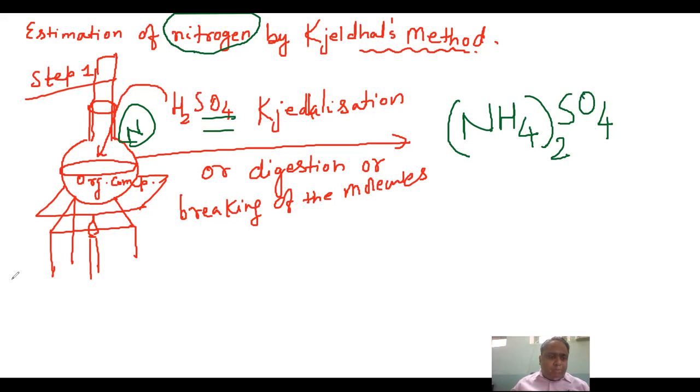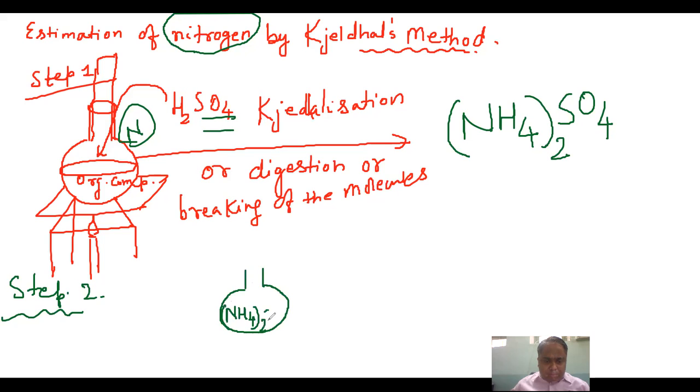Now, step 2. This ammonium sulfate is treated with sodium hydroxide so that ammonia gas comes out.